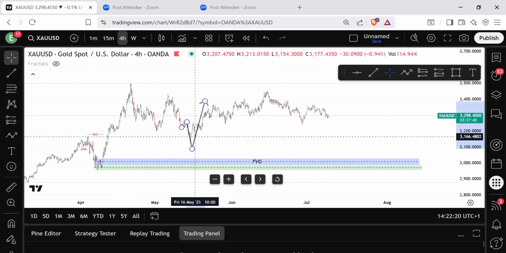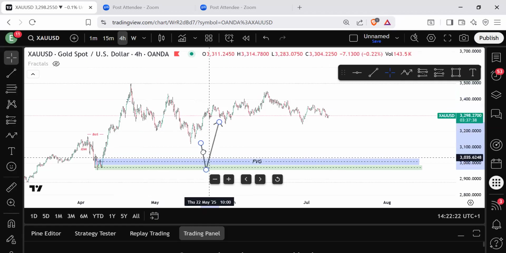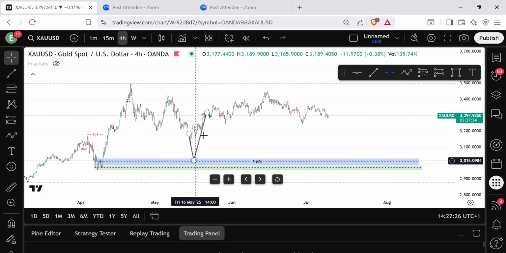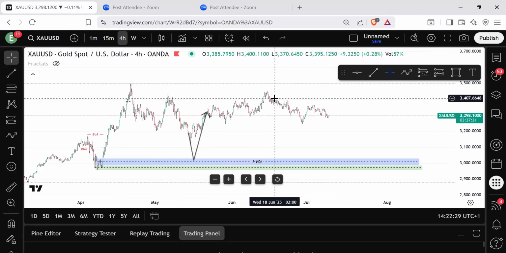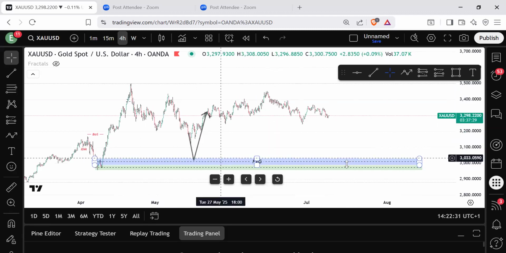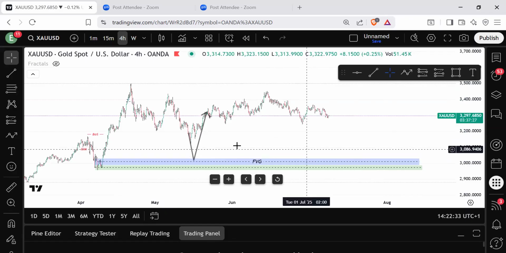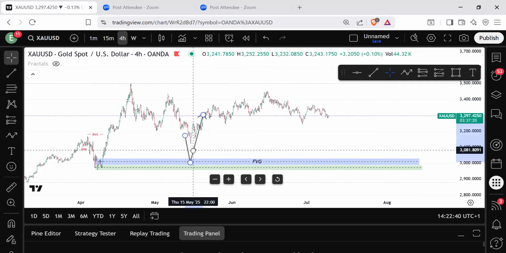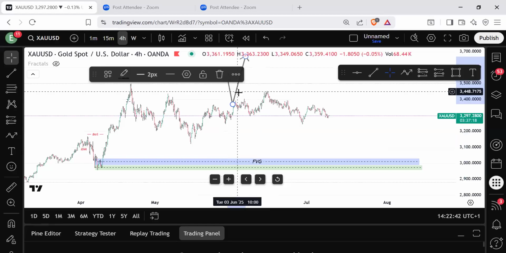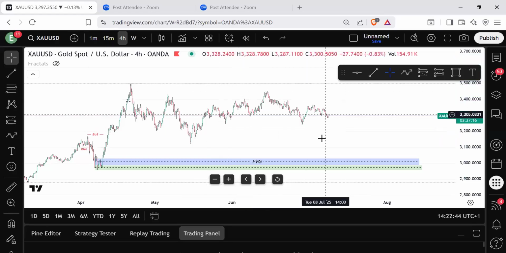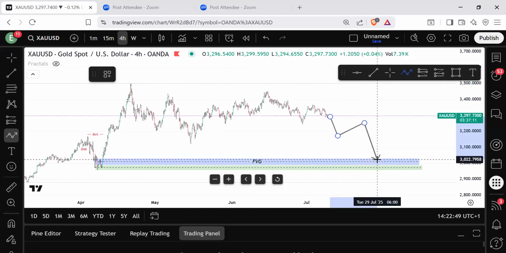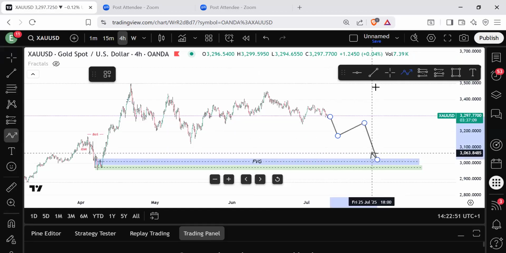what I'm explaining now is if price already touched like this before, we can no longer use this zone. We cannot use it again if price already touched it. But if price has not touched the zone, we can still wait for something like that.